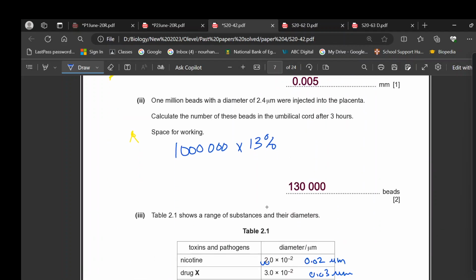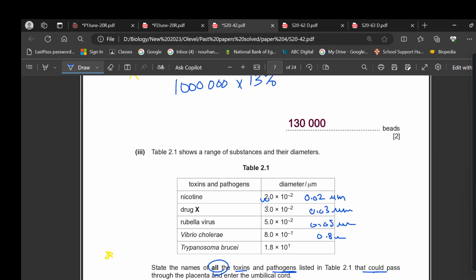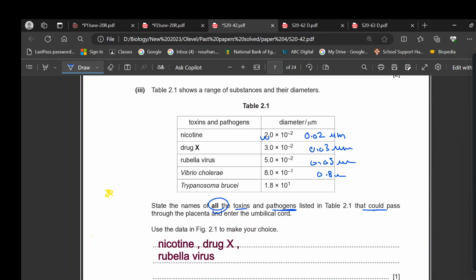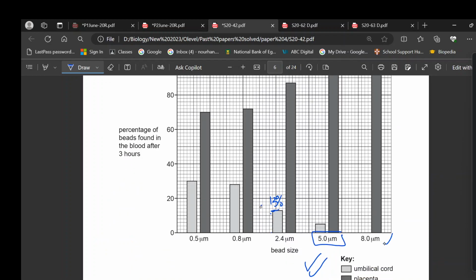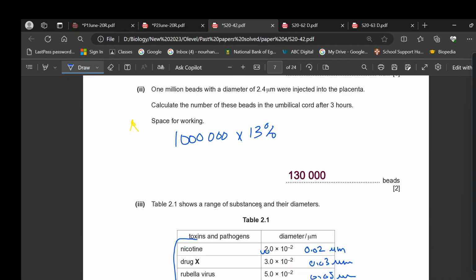So any size smaller than this will be able to pass through the placenta and the umbilical cord. These are the names that I will write. What about the last one? The last one is 1.8 times 10, so it's 18 micrometers. And we said that the 8 micrometer did not pass, so of course the 18 will not pass.